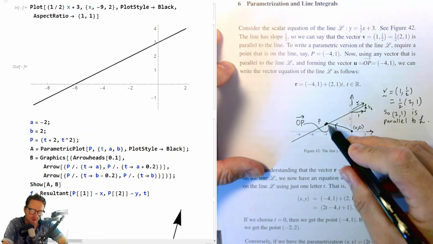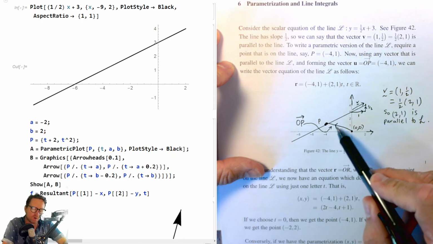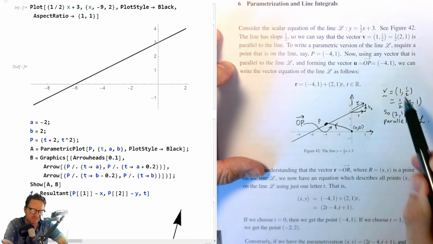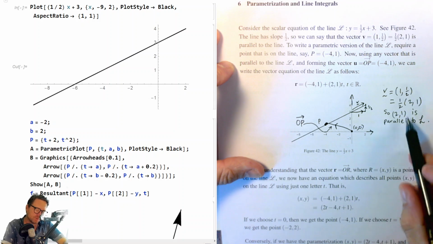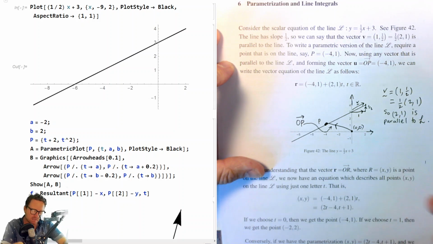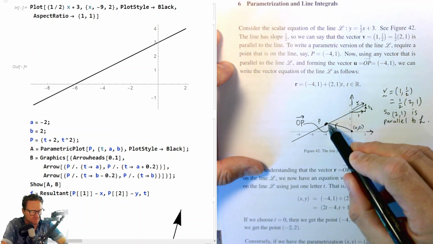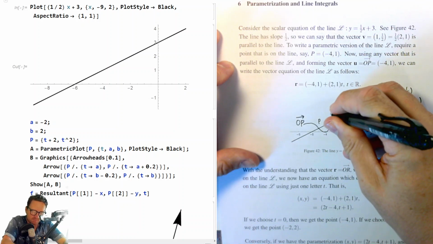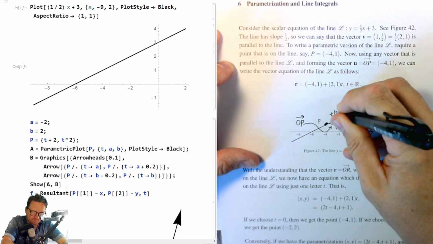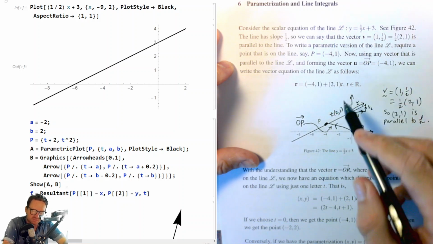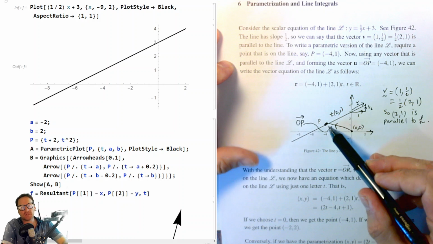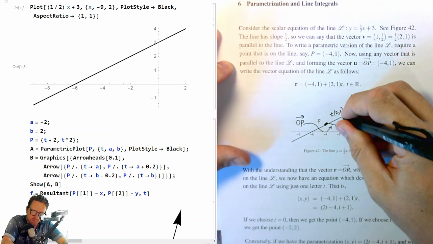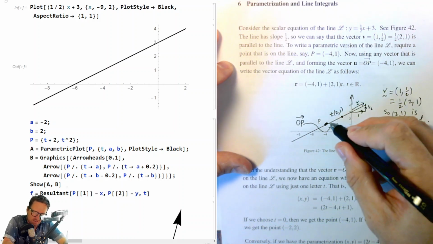And then from P, what if I travel in the direction of the vector v, or 2, 1? So let's travel some multiple of that, t times 2, 1. That's a vector parallel to the line. And suppose that multiple takes us here.